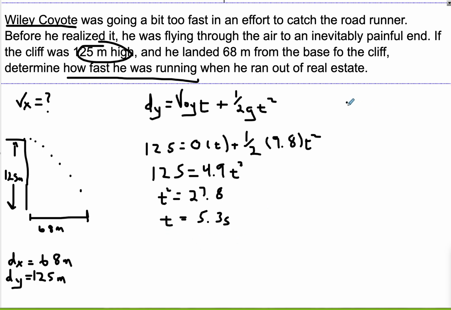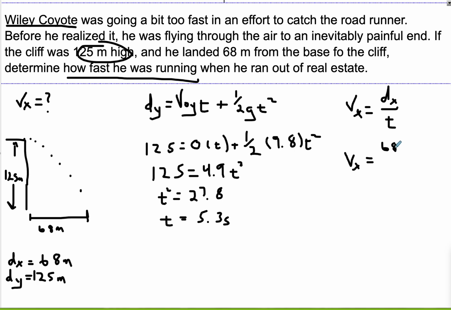Now in the x direction, remember, I have one single equation, and that's Vx equals dx divided by time. And I don't know Vx. That's what I'm looking for. I know dx. That was the range. It was how far he landed from the base of the cliff, 68 meters.